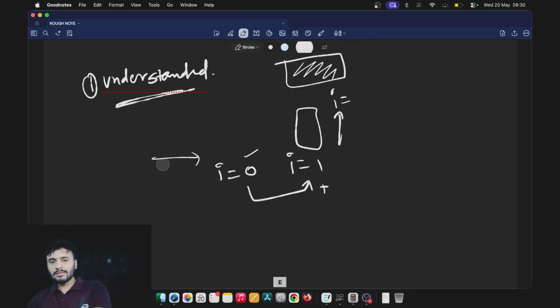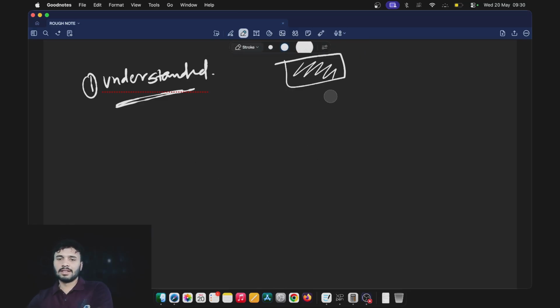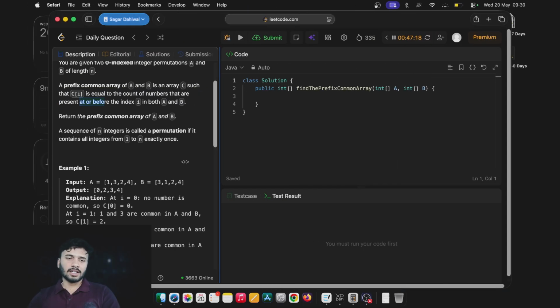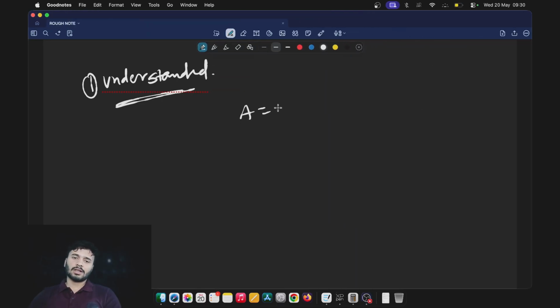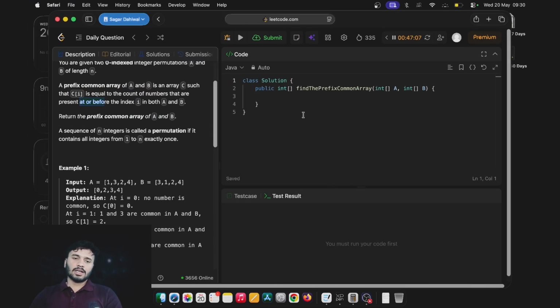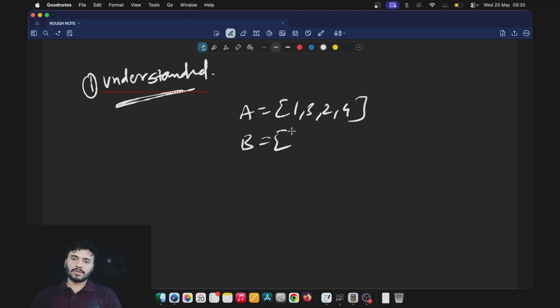Meaning, let's take the example: A is 1 3 2 4, and B is 3 1 2 4. And our answer will be like, let's say this is the 0th index, first, second, third, right?